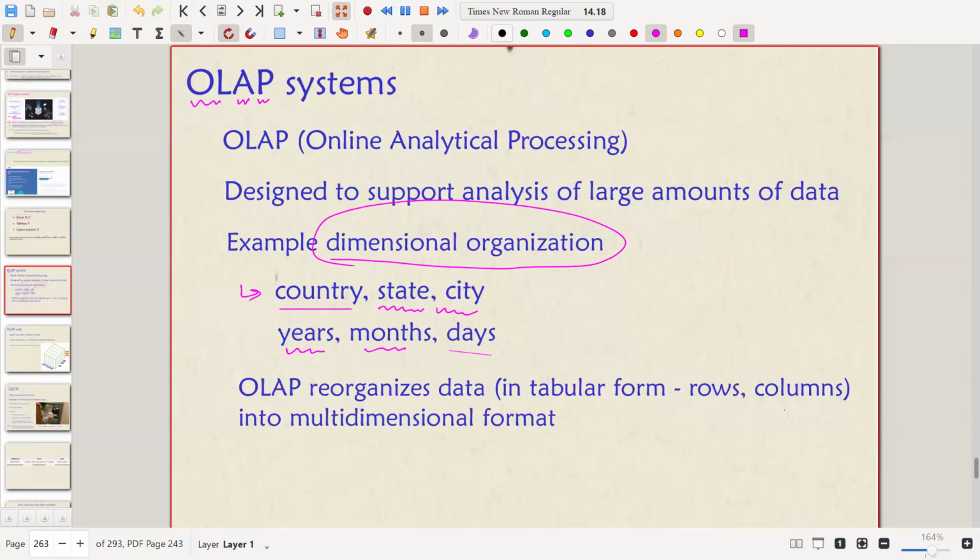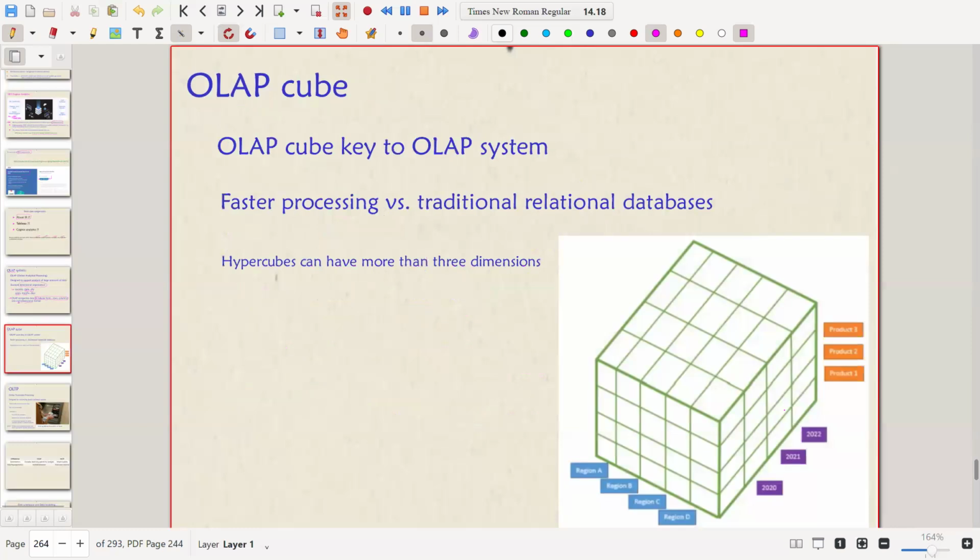So you can see, in tabular form, OLAP reorganizes your data from rows and columns into a multi-dimensional format. This is more important: into a multi-dimensional format. What do I mean by that? You can see the OLAP cube here.